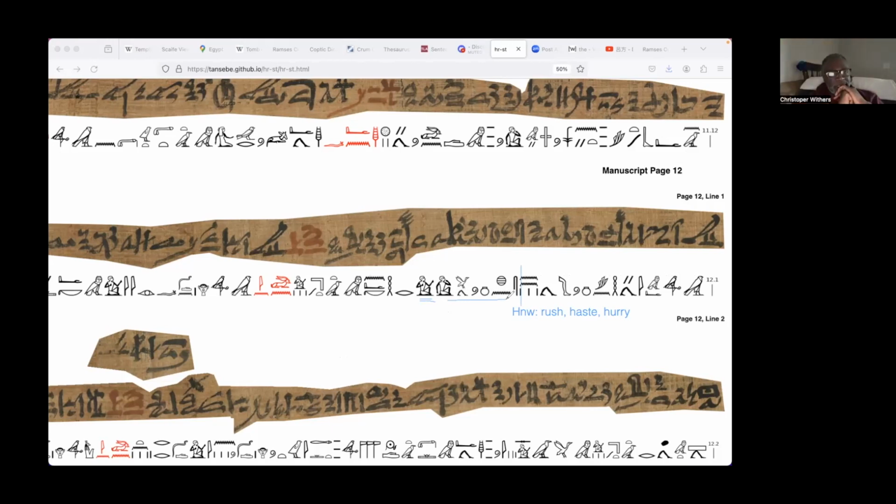I contended against or with respect to you amongst the people, in the court. The court, okay. I contended against or with respect to you in the court.